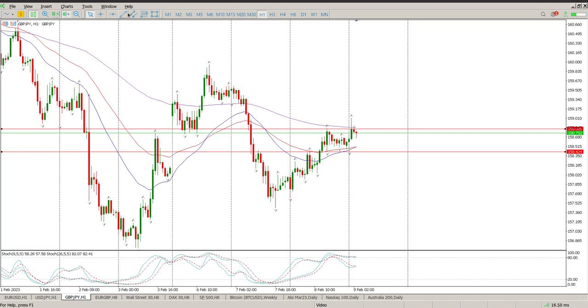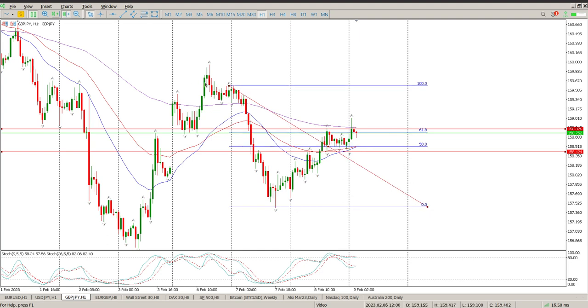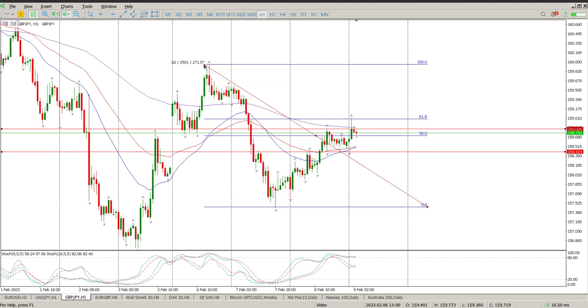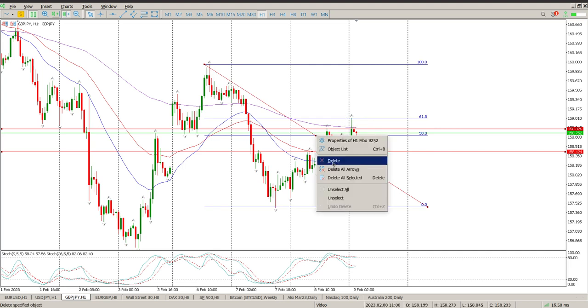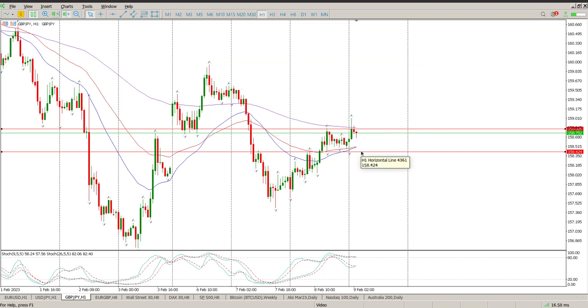This is a flag, and we're more than likely at a Fibonacci level at the moment. So we're just hovering on the 61. If I extend that to the previous high, we're definitely on the 61.8. So this to me is definitely setting up for another continuation to the downside. The only negative part is that we're in amongst the moving averages.